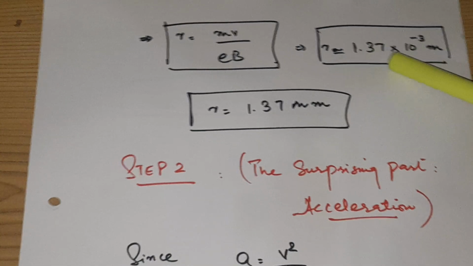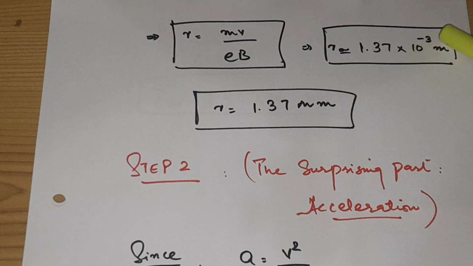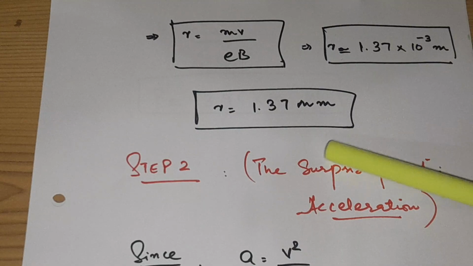So the electron moves in a circle with a radius of approximately 1.37 millimeters.